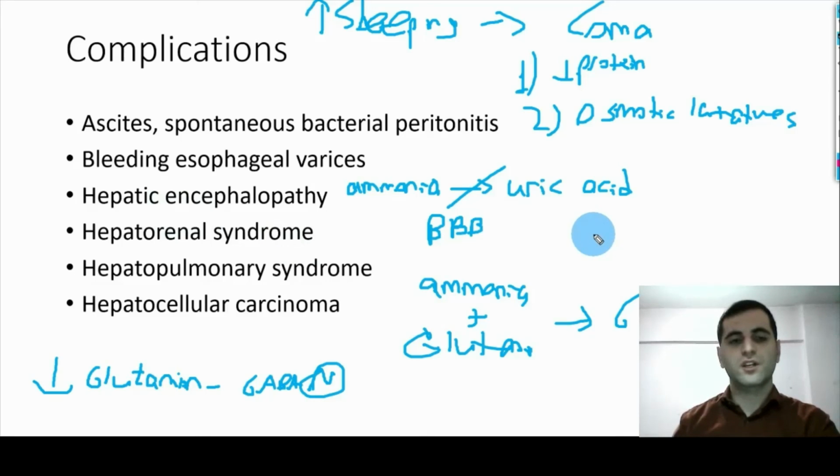So if a patient with cirrhosis gets hepatic encephalopathy, first of all you should think of electrolyte imbalance like hypokalemia and also gastrointestinal bleeding, because these two factors are the main causes of hepatic encephalopathy. Also things like sepsis may cause hepatic encephalopathy.